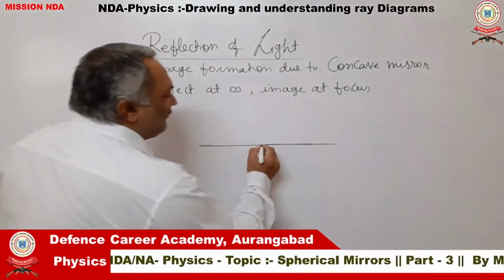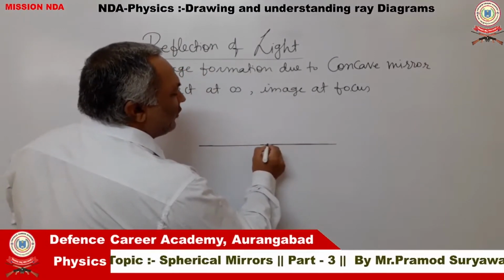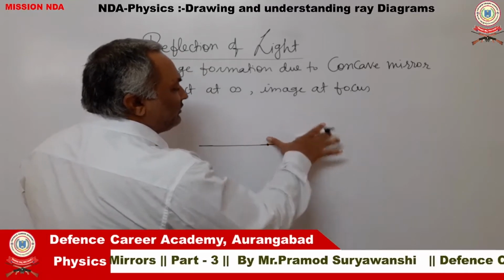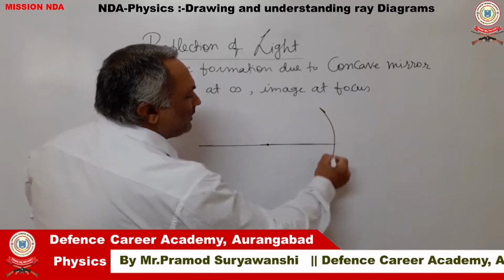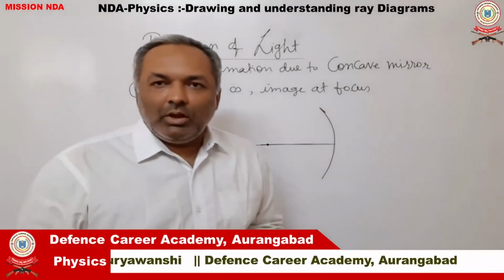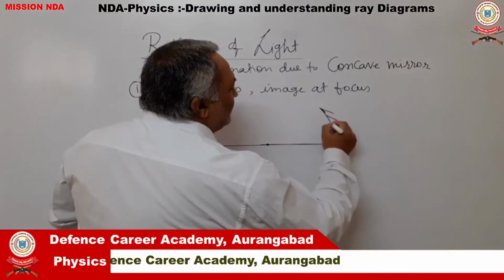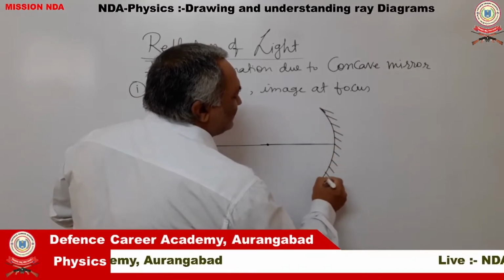Now take approximately 7 or 9 centimeter distance in the compass. Put the point of the compass anywhere on this principal axis that you have drawn, and draw a concave mirror symmetrically above as well as below the principal axis. Always draw the mirror in such a way that it is symmetric about the principal axis.